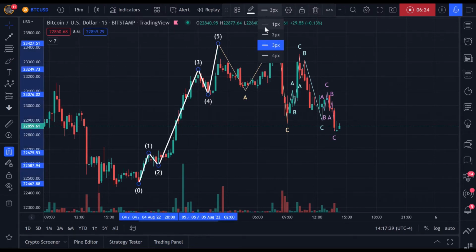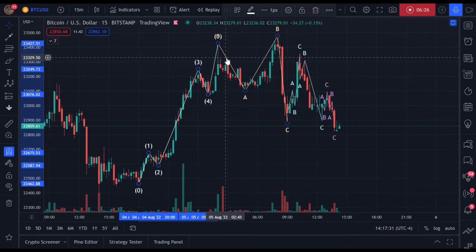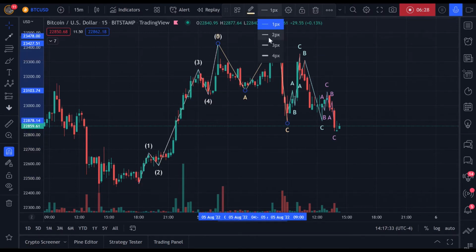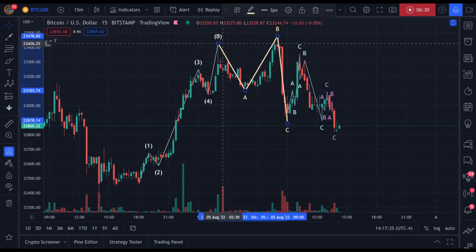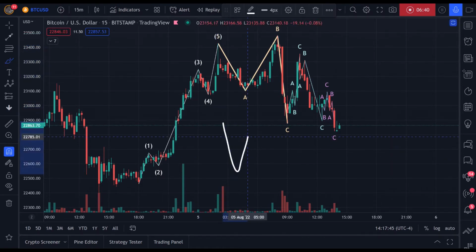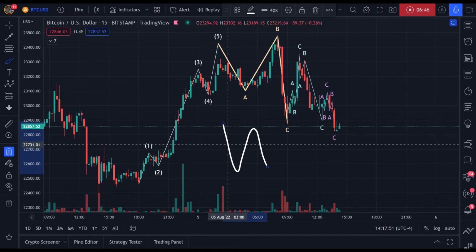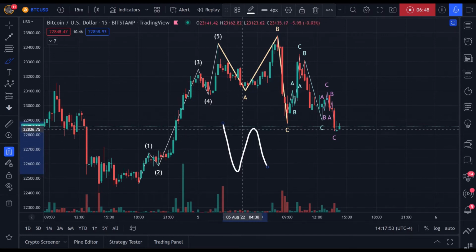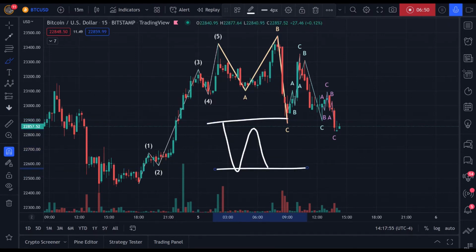But here, let's just use our example and focus on this retracement right here, which is a regular flat correction, okay? Funny thing, a flat correction like this is actually called an irregular flat correction, because you don't typically see a flat correction be this symmetrical.